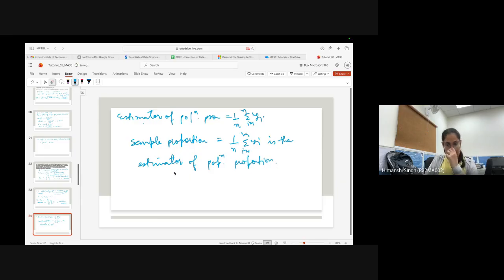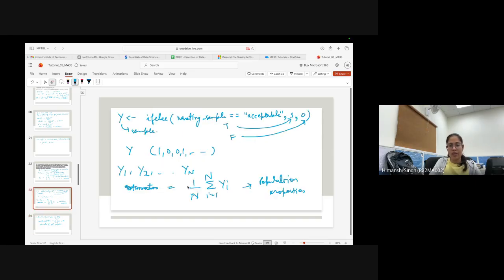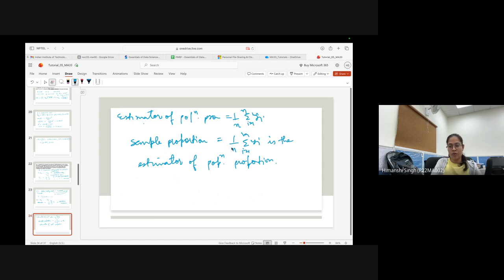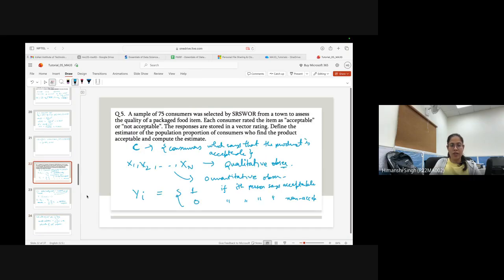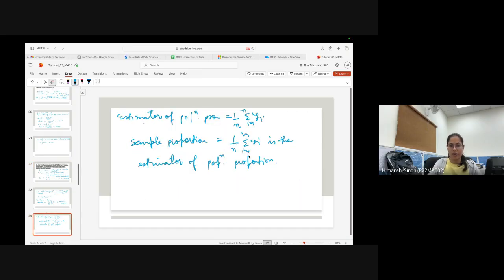See, here I have a certain kind of scenario where the summation of yi gives me the total number of consumers which are saying acceptable, because I have the random variable as 1 and 0. But if there are some different numbers, then this may not give you the sample proportion. Because I am assigning this kind of scenario, I am able to say that this is the sample proportion.